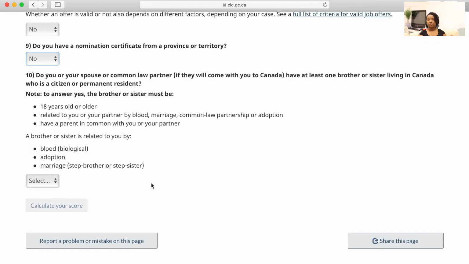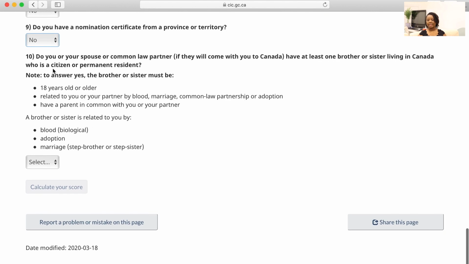Next question, do you or your spouse have a sibling in Canada that is a citizen or permanent resident? Keep in mind, they're not asking for a cousin or something. They're asking for at least one brother or one sister living in Canada who is a PR or citizen.